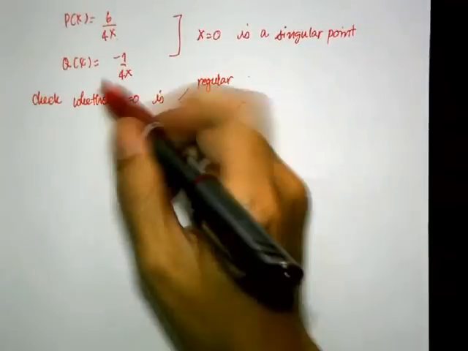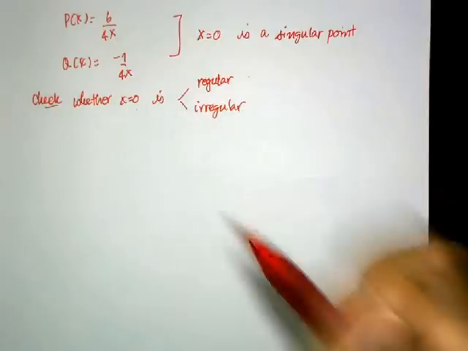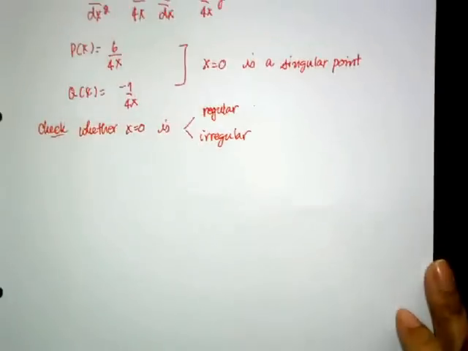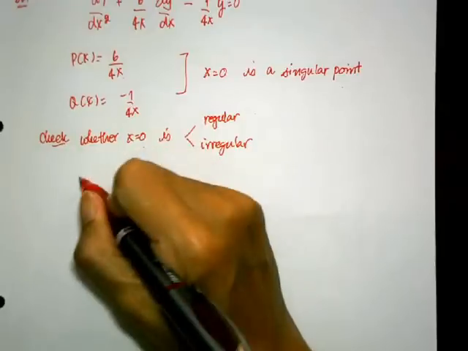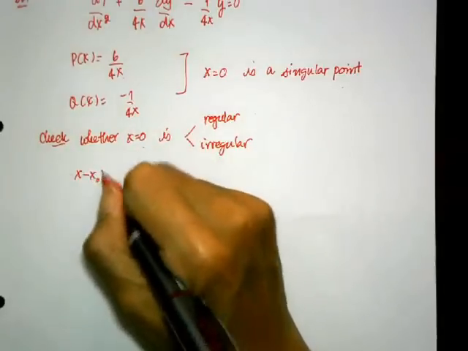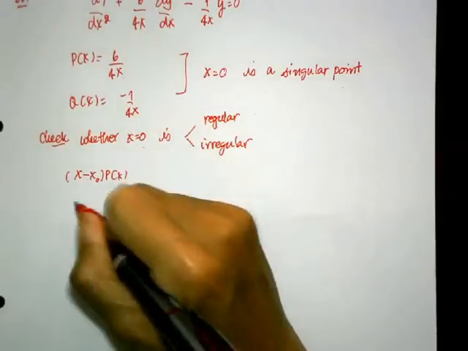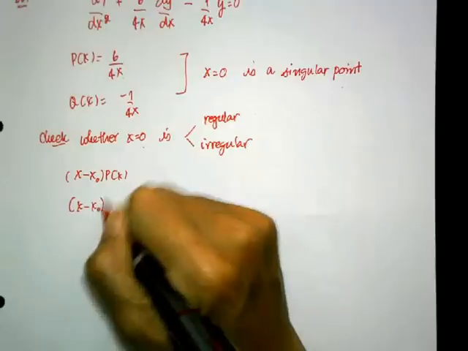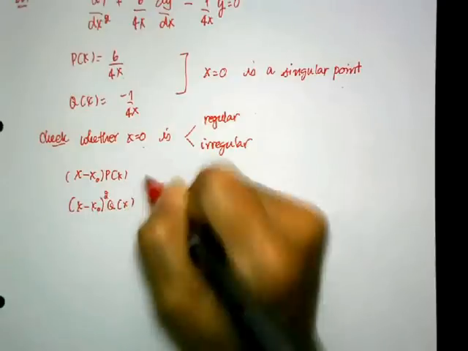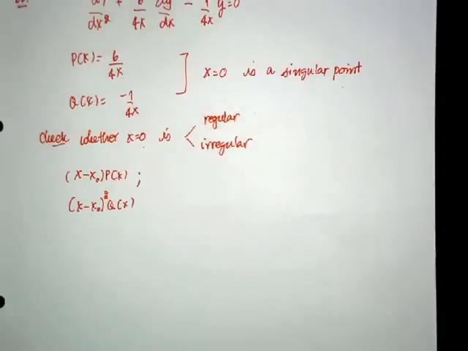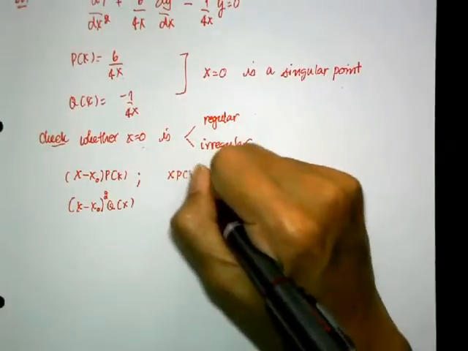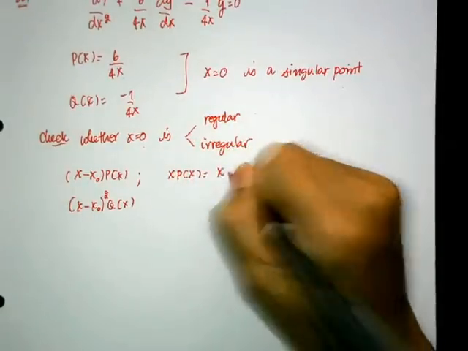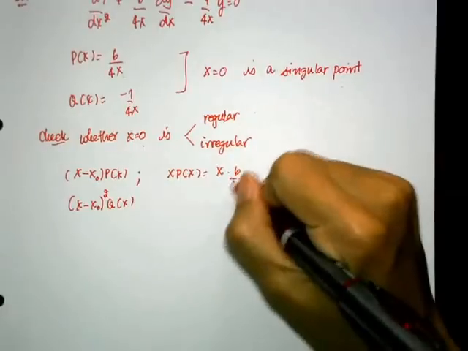Now, in order to check whether x equal to 0 is a regular or irregular singular point, we are going to use the criteria that (x minus x0) P(x) and (x minus x0) squared Q(x) should have finite limits. Now, our x0 is equal to 0, so we would get x P(x). And our P(x) is equal to 6 over 4x.